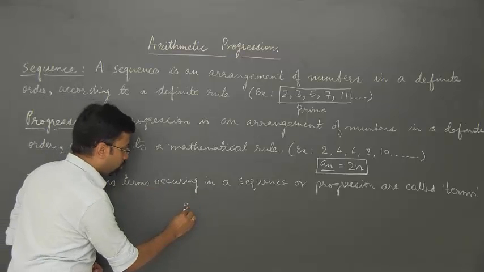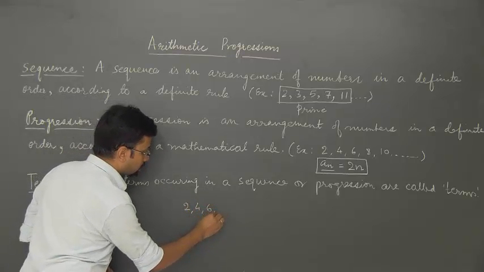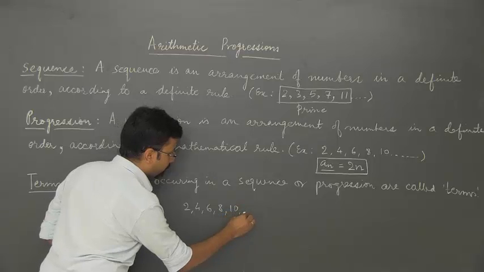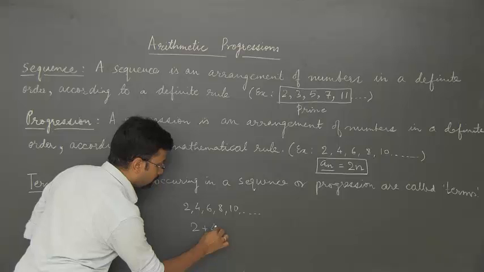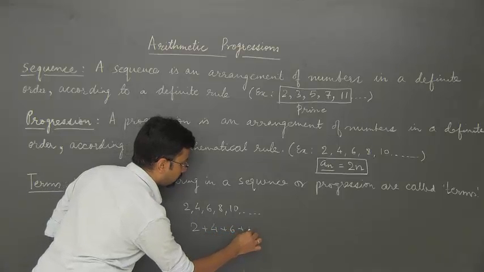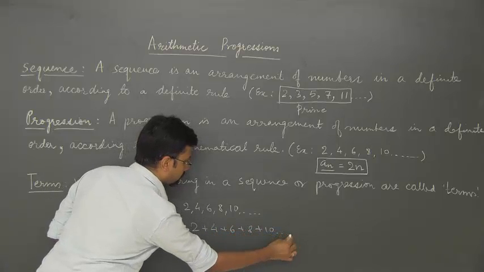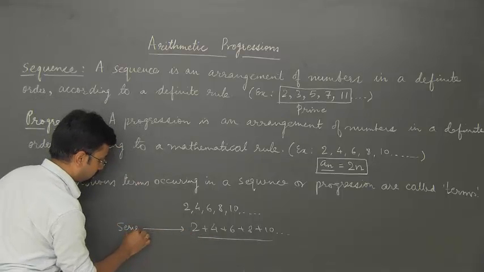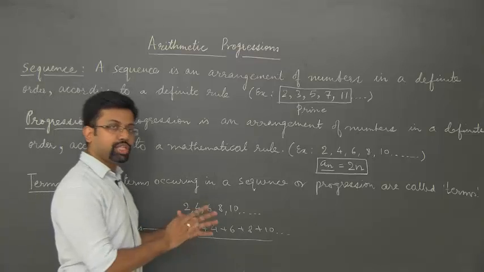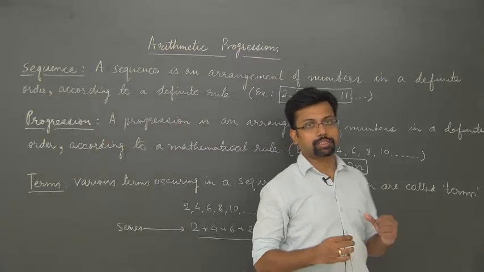So 2, 4, 6, 8, 10 is a progression, but 2 plus 4 plus 6 plus 8 plus 10 becomes a series. So there is a difference between sequence, progression and series.